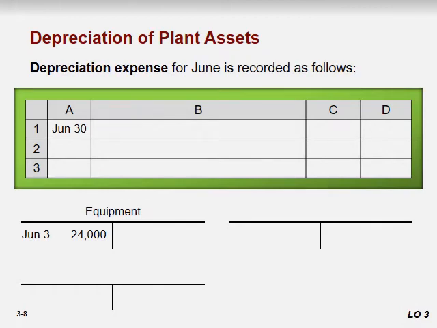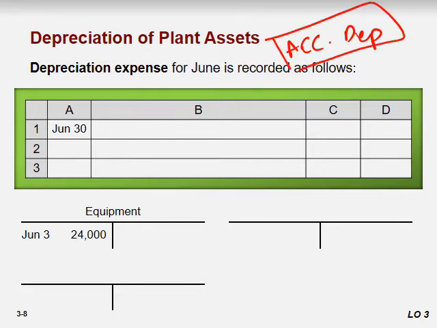And now, how is the depreciation recorded? So we create an accumulated depreciation account, and from month to month we charge depreciation to this contra account, which is called accumulated depreciation.